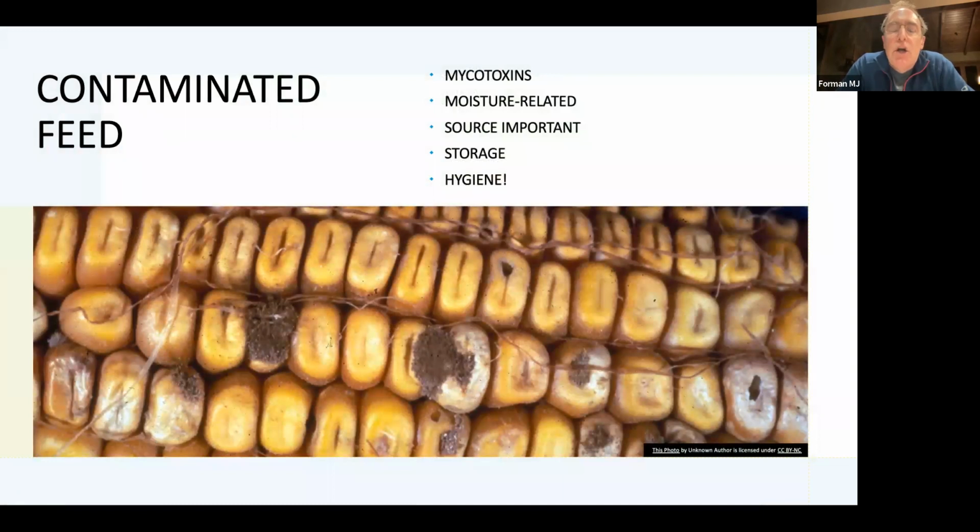Okay, so let's go from infectious diseases to toxins. And there is some overlap between what I was talking about and what we'll be talking about moving forward. So contaminated feed, and this is a close-up picture of mold on corn, and mold and funguses, mycotoxins, myco means mold, they're all the same.